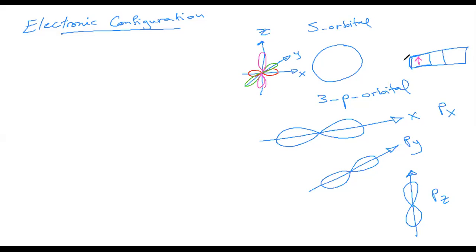Would that be in px? Yes, it will be px by convention. We say that the first one is called px. But if you call it pz, it's okay, because the three p orbitals are equivalent. They have the same energy.